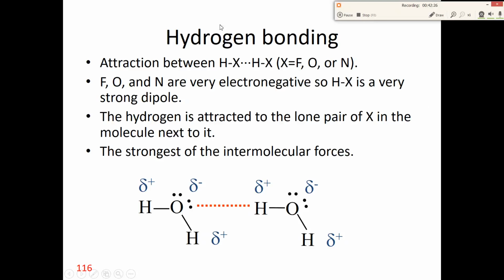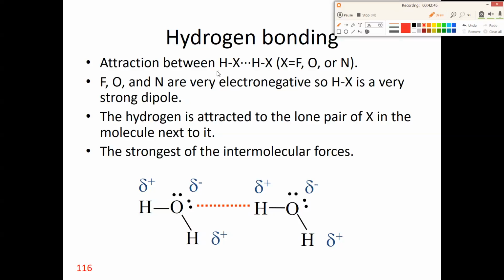So the last one is hydrogen bonding. It's the strongest of all three van der Waals forces. This is the general structure of a hydrogen bond. X could be fluorine, oxygen, or nitrogen.